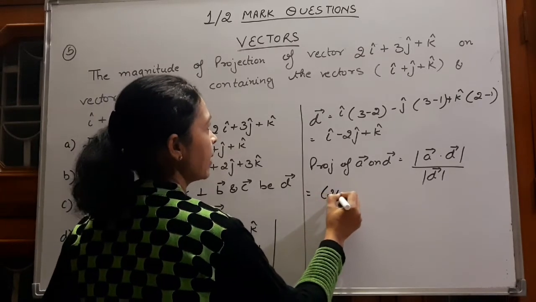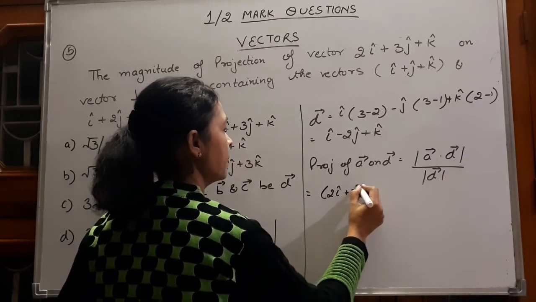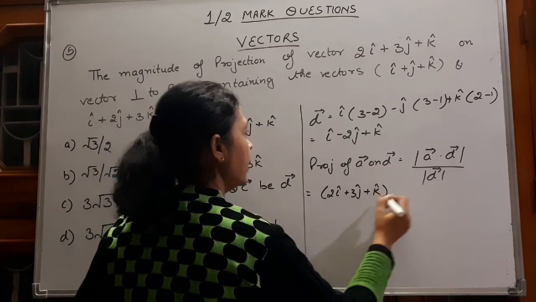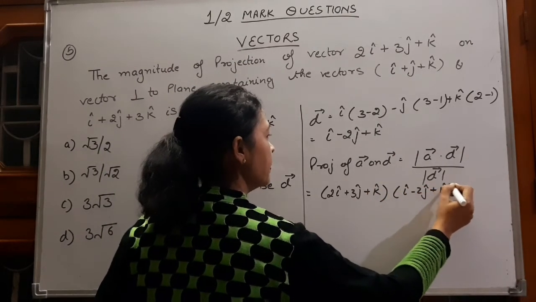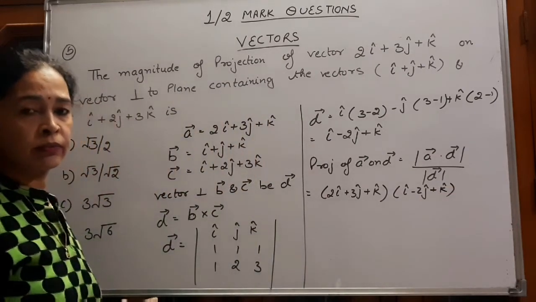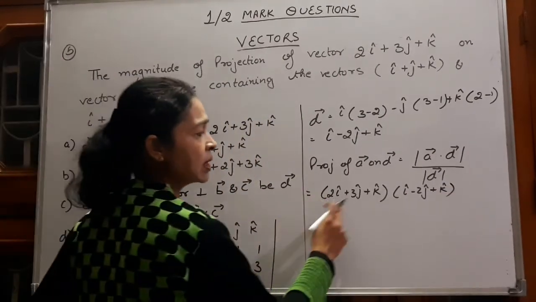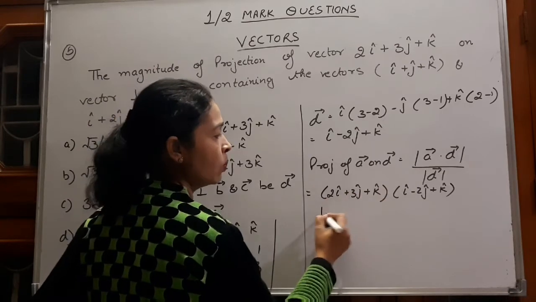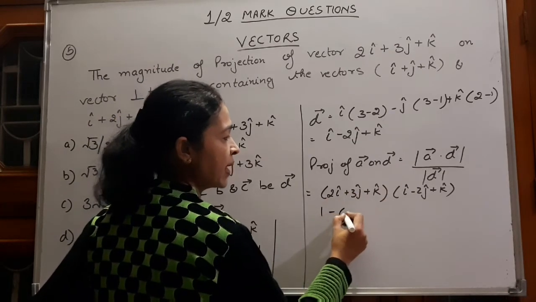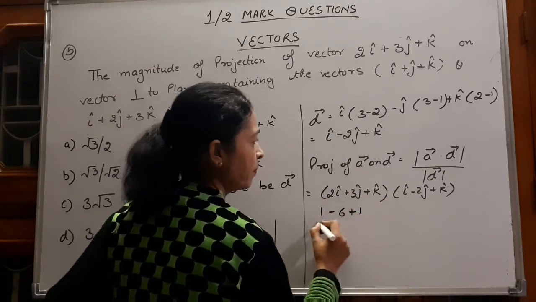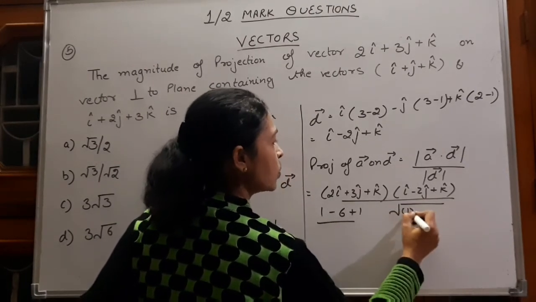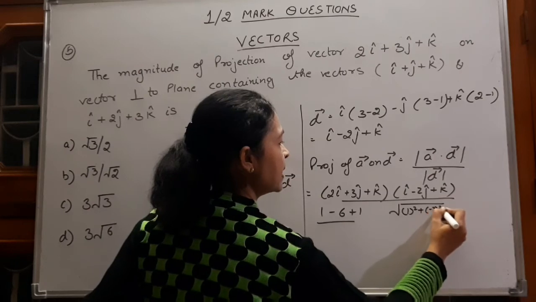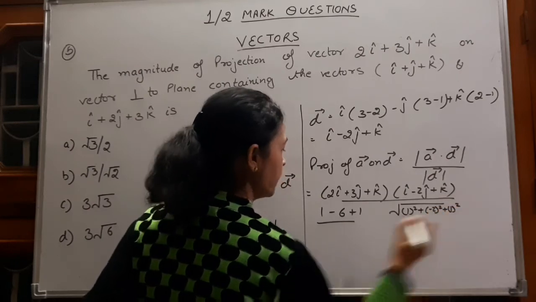Vector A is 2i cap plus 3j cap plus k cap dot vector D is i cap minus 2j cap plus k cap. You know dot product, we have done it in various questions. 2 into 1 is 2, 3 into minus 2 is minus 6, plus 1, upon magnitude of D, which is root of 1 square plus minus 2 square plus 1 square.